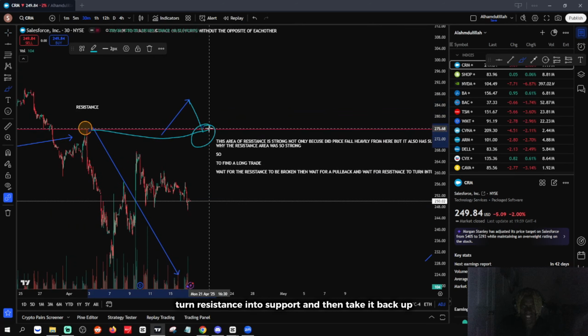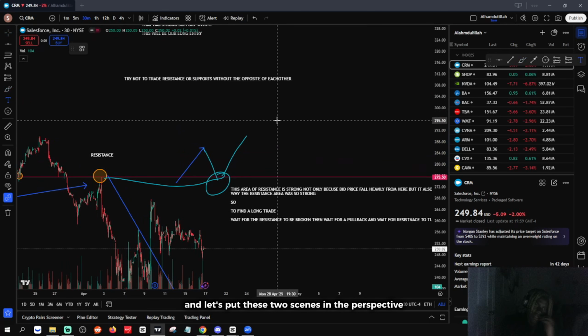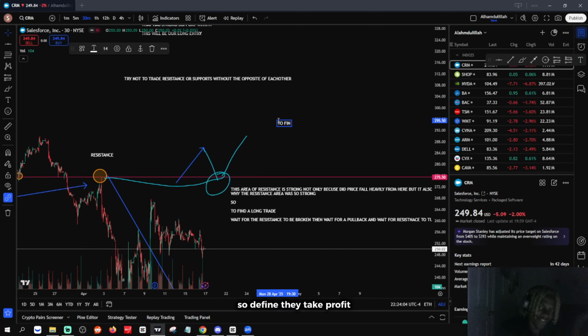Now, to find a take profit, let's put these two things into perspective. Understand that resistance turns into support.